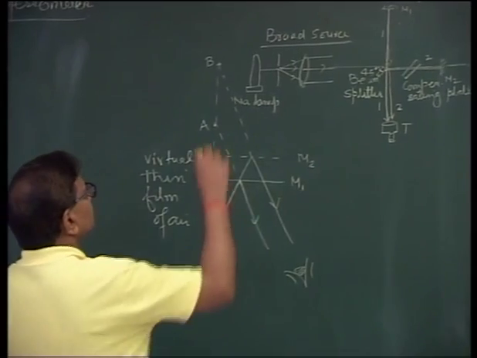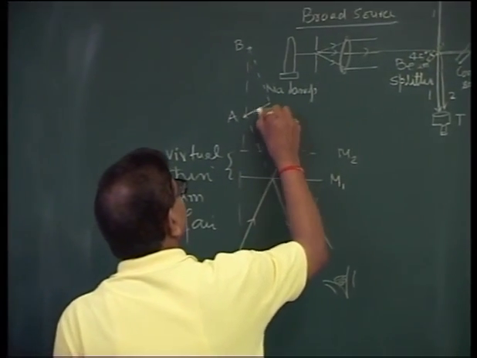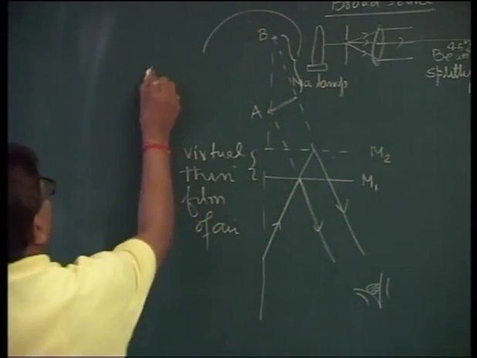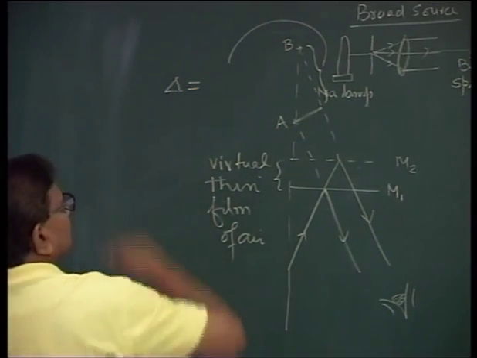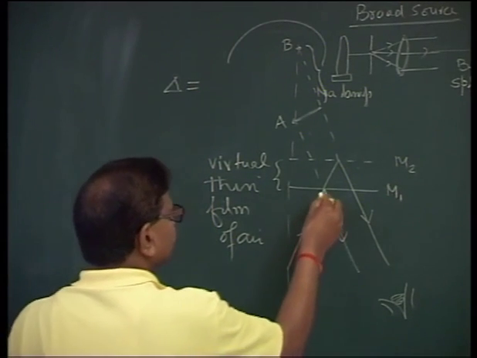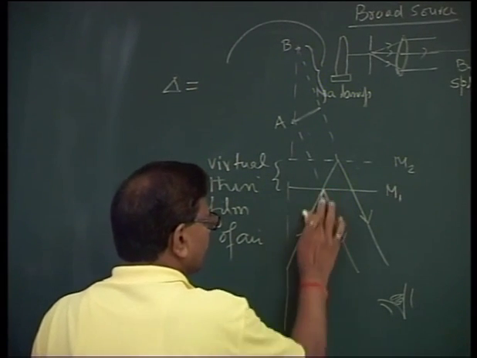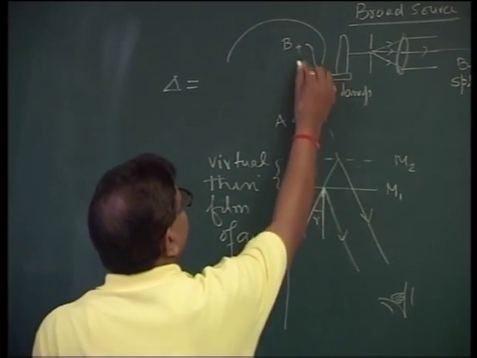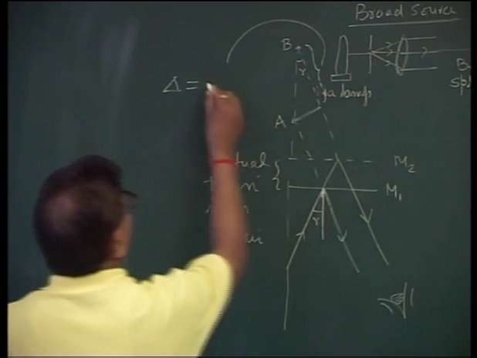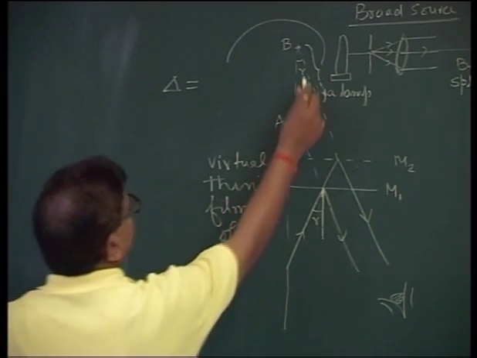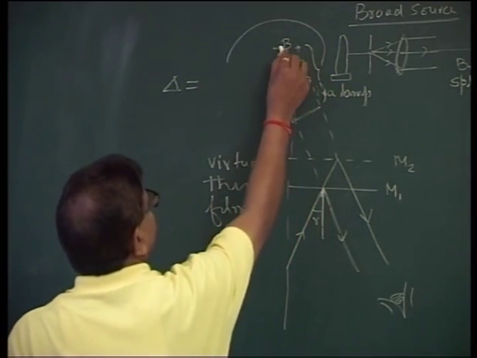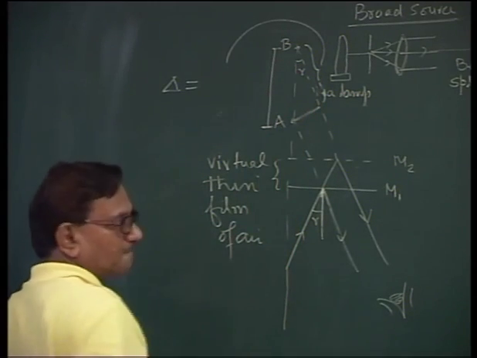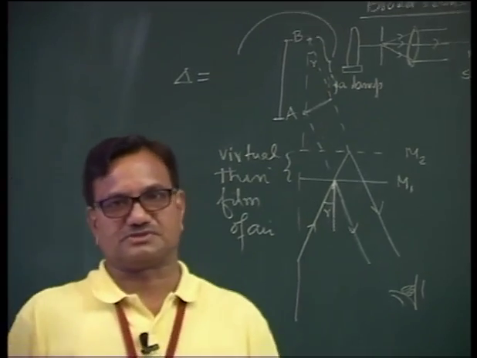See that the two beams differ in a path difference delta. This path difference is simply, if I take this angle as r, then this angle is also r, and therefore the path difference is this distance multiplied by cos r. How much is this distance?